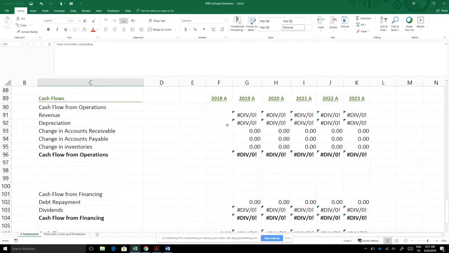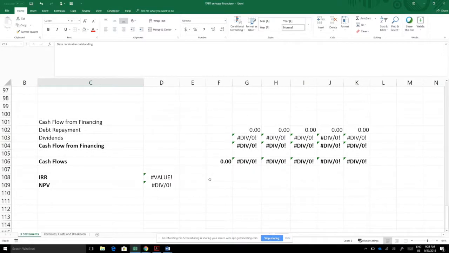But here we're going to put it back. This is an overview, and then I'm going to go line by line. And then your IRR and your NPV. This is the goal that we're trying to know. The internal rate of return, so how much is your return in percentages, and your net present value.